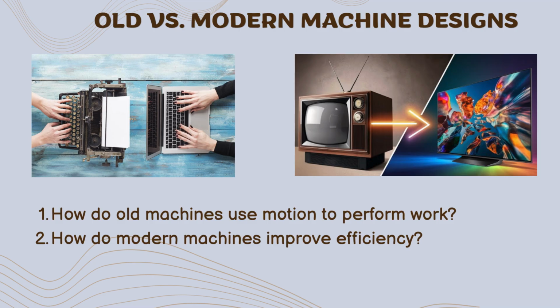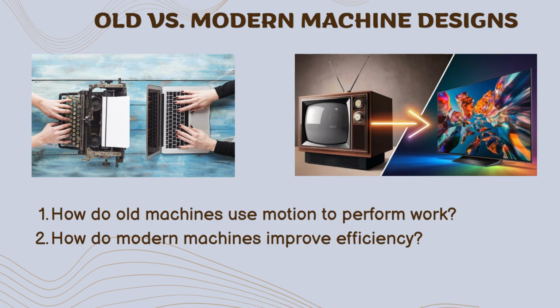How about the second machine? And what differences can you observe? Even though these machines look different, they were designed to accomplish the same task. However, they do it in different ways.